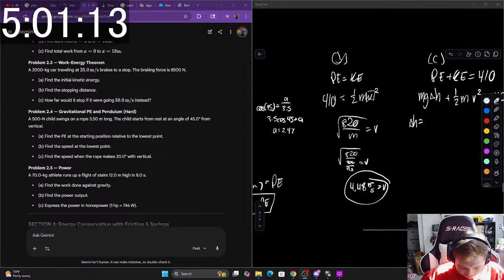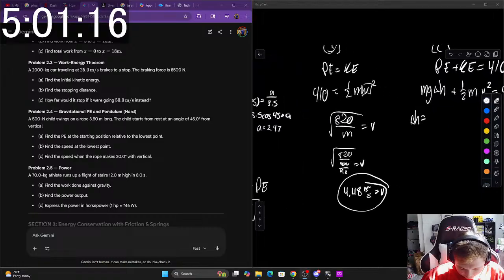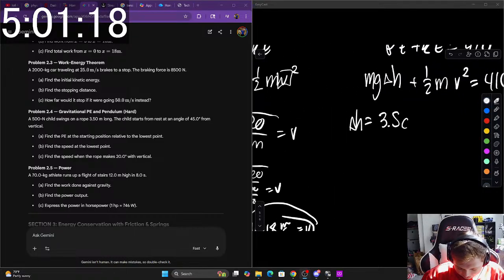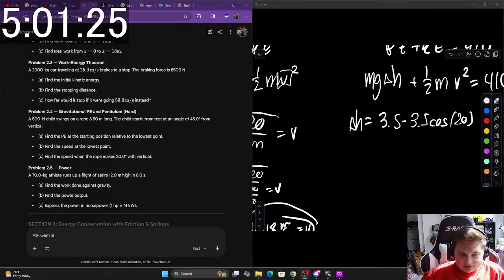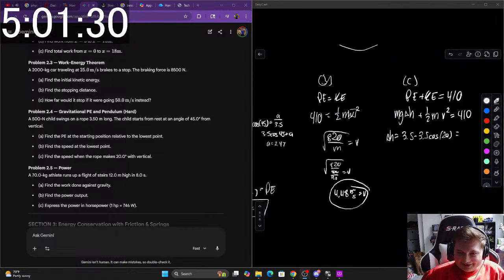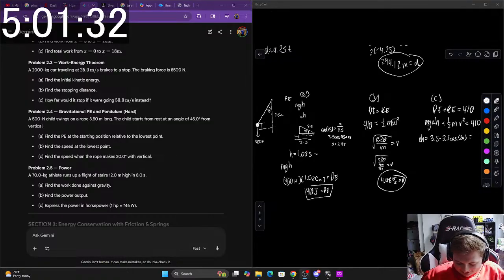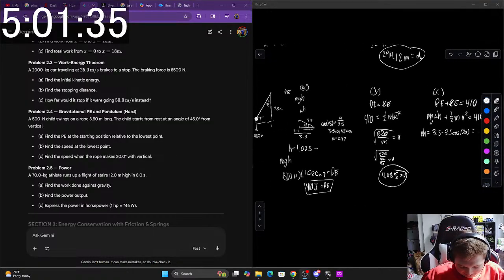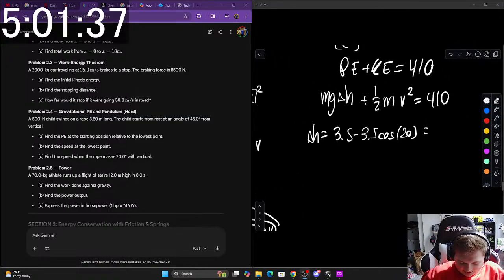So what we did here was found 3.5, well, 3.5 minus 3.5 cosine 20. So that's what we're doing right now. 3.5 minus 3.5 cosine theta is going to be our change in h. So this should make sense, honestly. So 400 times whatever this value is.